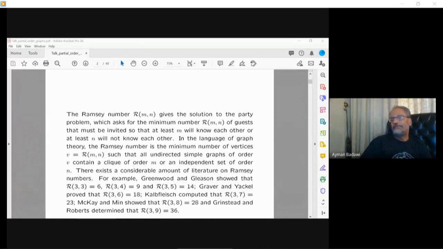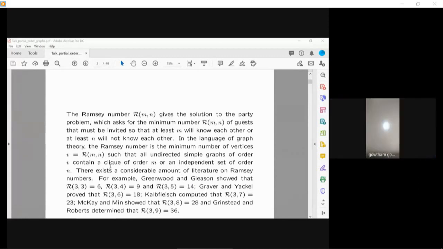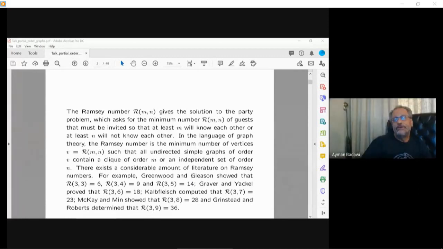And many have worked on this problem. I'm giving you examples here, like Greenwood. He showed that R(3,3) is 6. What does it mean?